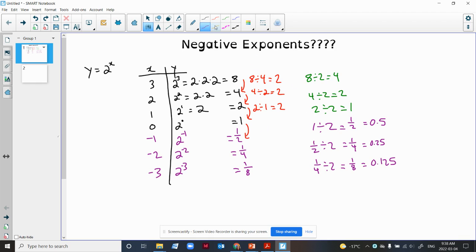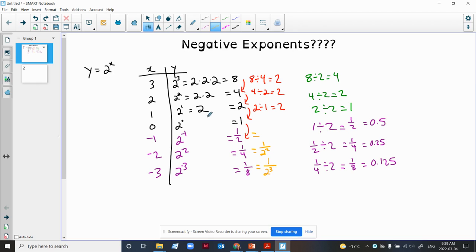So what I want you to see is that we know 2 to the exponent of 3 is 8. So 1 over 8 is 1 over 2 to the exponent 3. And for 1 over 4, we know that 4 is equal to 2 to the exponent 2, so 1 over 4 is 1 over 2 to the exponent 2.